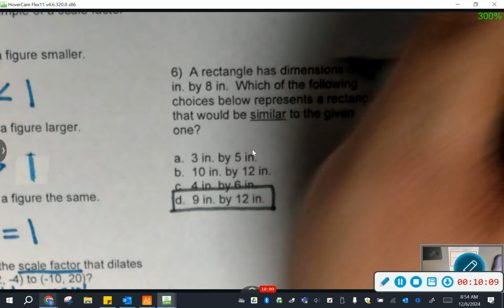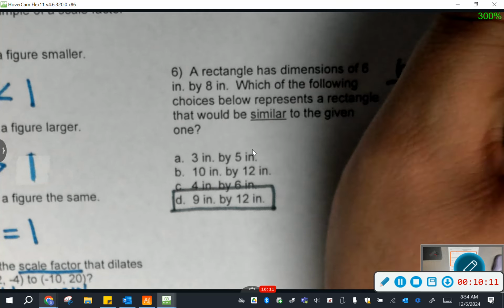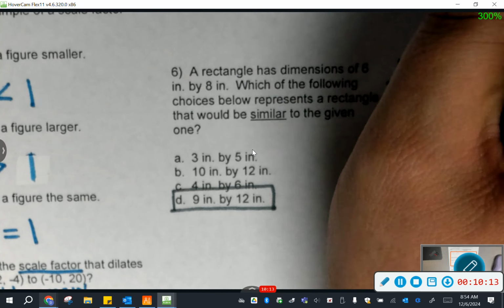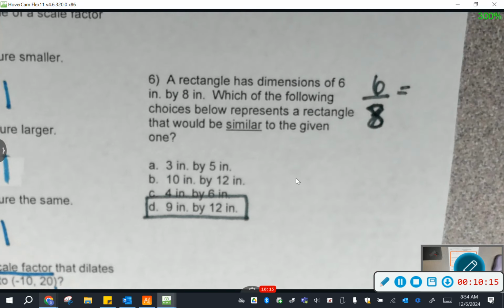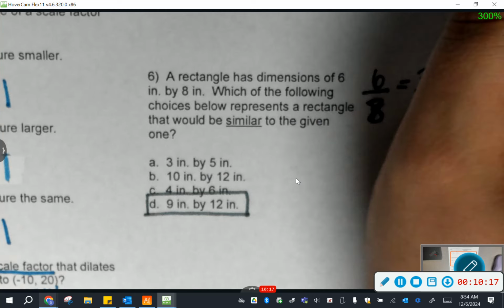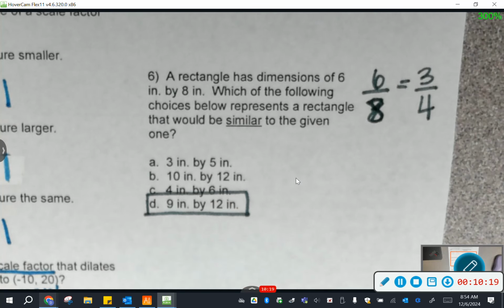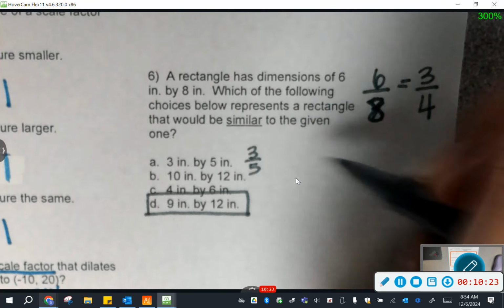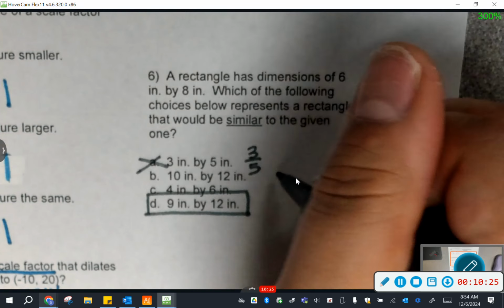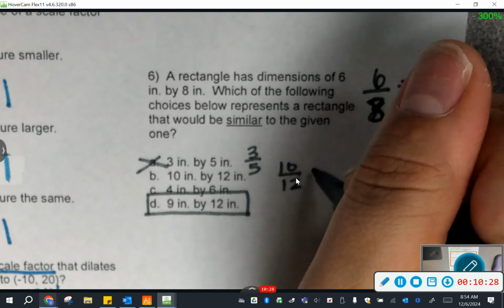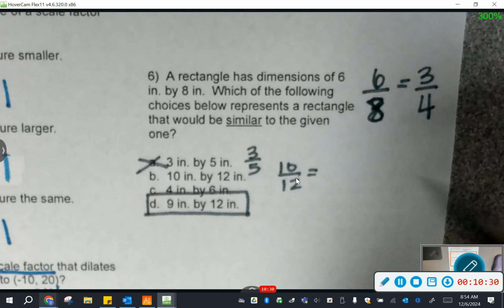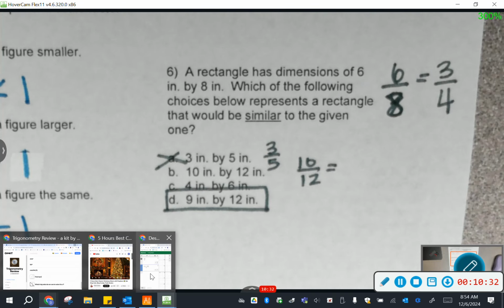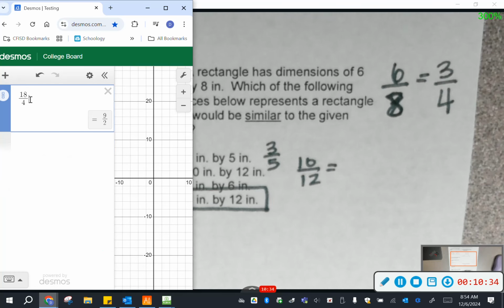Do y'all see how I have 6 by 8? What is 6 over 8? 3 over 4. And so then you needed to divide these and see which one you got 3 over 4. So is 3 over 5 3 over 4? No. Is 10 over 12 3 over 4? No. And I can put these in the calculator to see. That's why I was going to skip them.